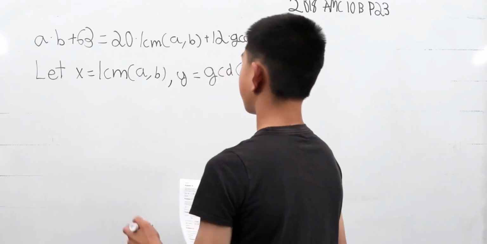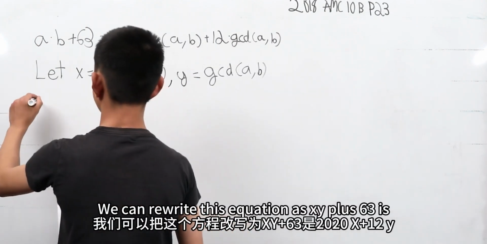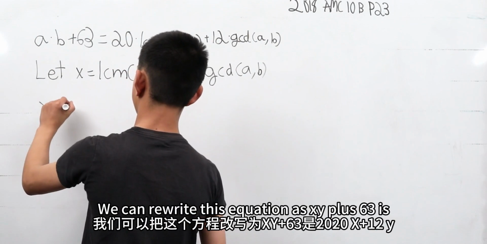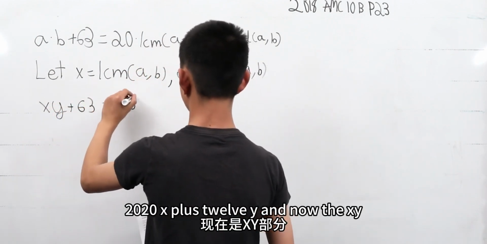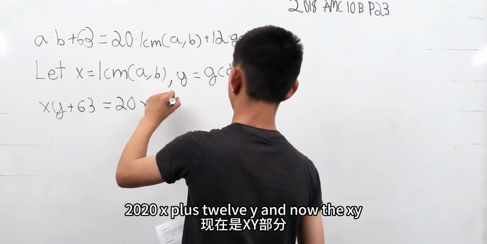Okay, so we can rewrite this equation as xy plus 63 is 20x plus 12y.